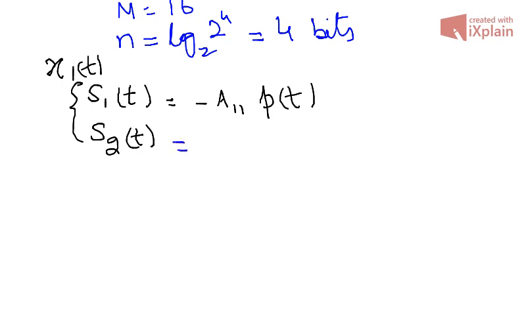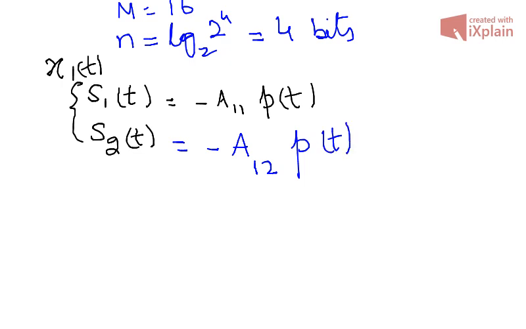S2 would be that, which is also negative, the image of the first X1 of t. So this subscript is for the symbol over the second axis. So we can write it this way.